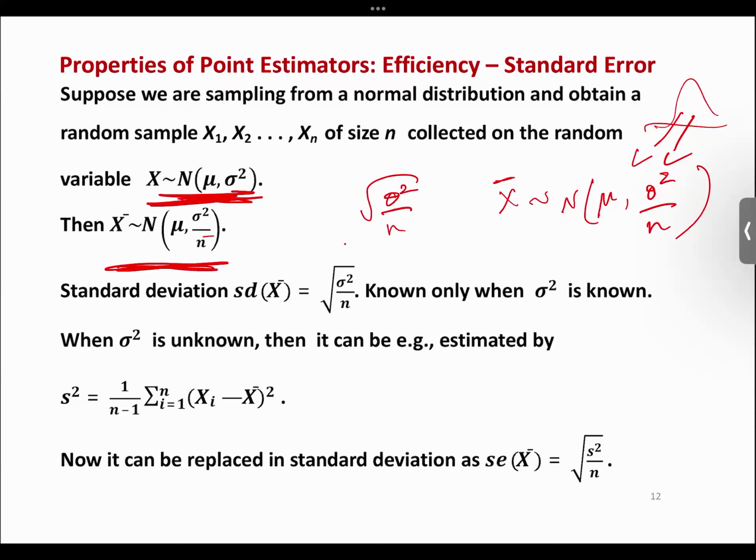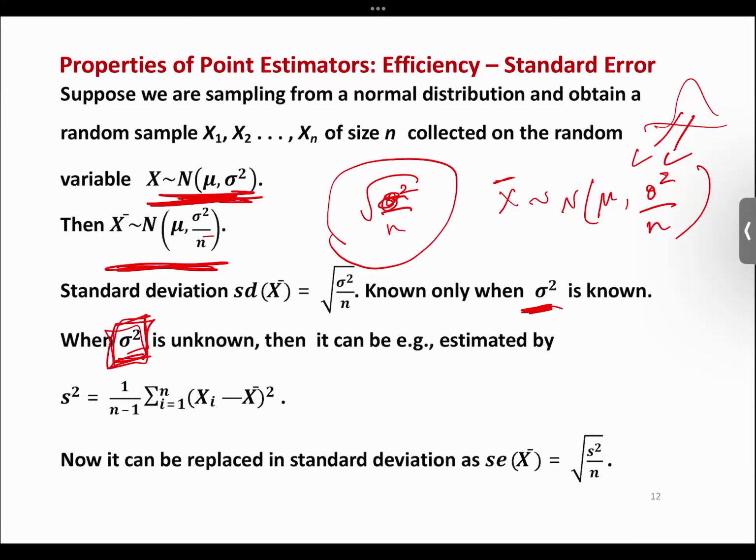And this is sigma square, not theta square. You will be able to know this only when you know the sigma square value. But sigma square is unknown because it is the population variance, right? That is unknown. That is the whole point of this.